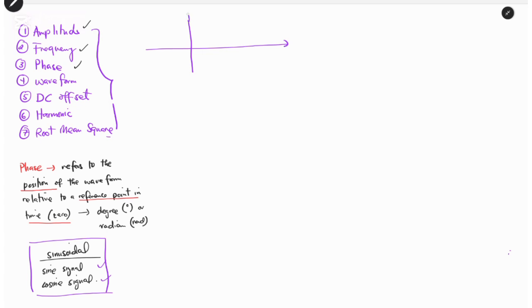We have Vt, V1t, and we have V2t. In this case, if the signal is shifted by minus pi on 2, and this is the point in which the signal begins, it has a phase shift which is equivalent to 90 degrees.